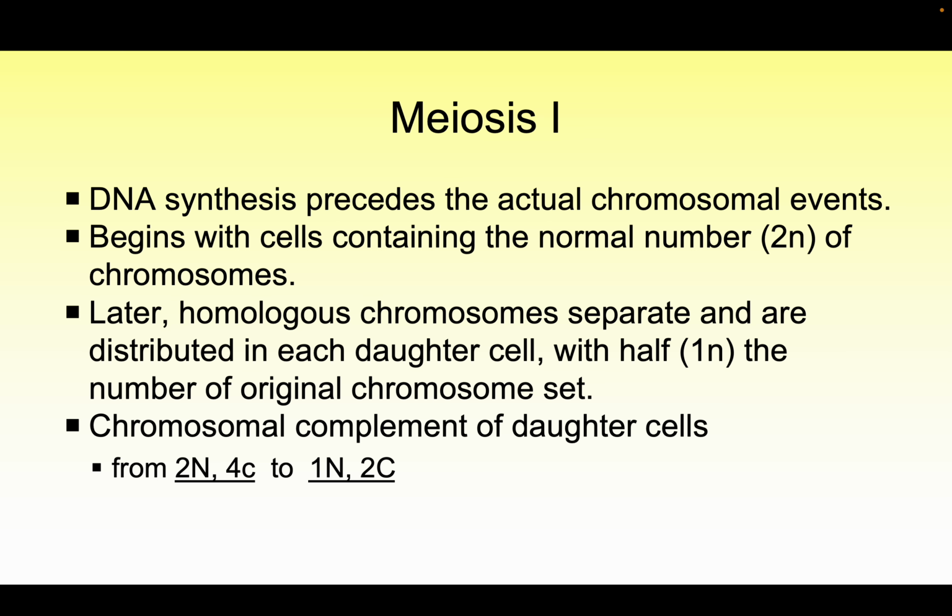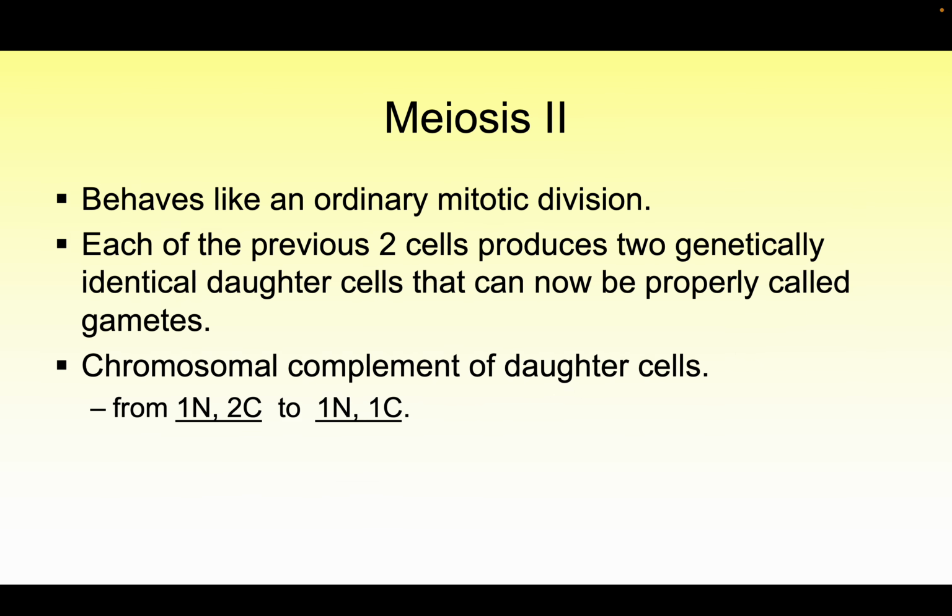Okay, so the chromosomal complement of the daughter cells we expect will be 1N 2C, unlike starting with 2N 4C chromosomal complement.